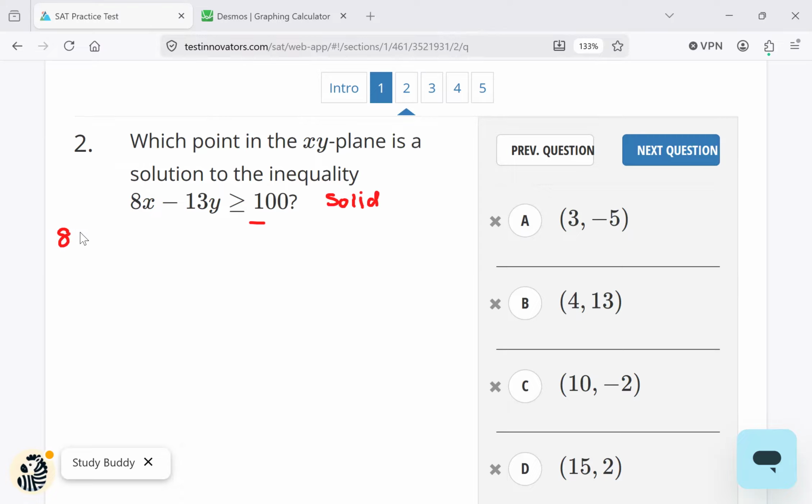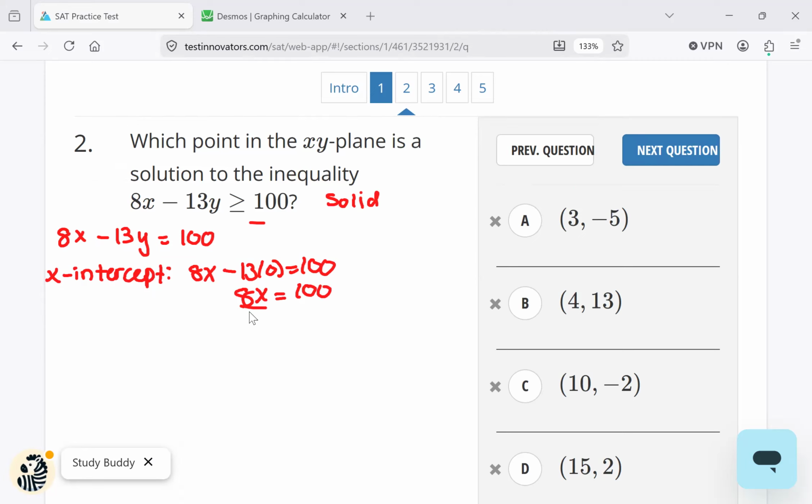First, let's make it an equation to make our life easier. Let's find the x-intercept. For any graph, to find the x-intercept, simply set y to 0 and solve for x. It's 12.5, so you have an x-intercept at 12.5.